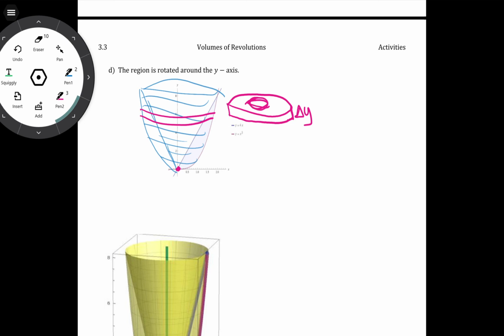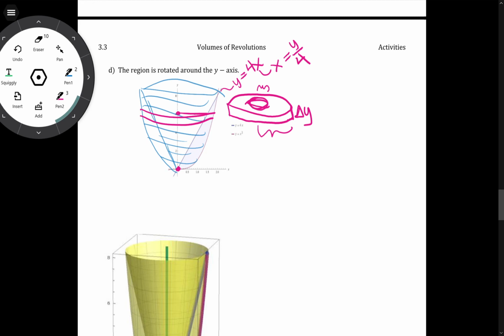And our inner radius, outer radius. So our outer radius is determined by the cubic, and our inner radius is determined by the line. So we know that the line is y equals 4x, which means, since we're now horizontal, we want the x value as our radius. x is equal to y over 4. So the inner radius goes from 0 out to the x value of y equals 4x, which means inner radius is y sub i over 4.